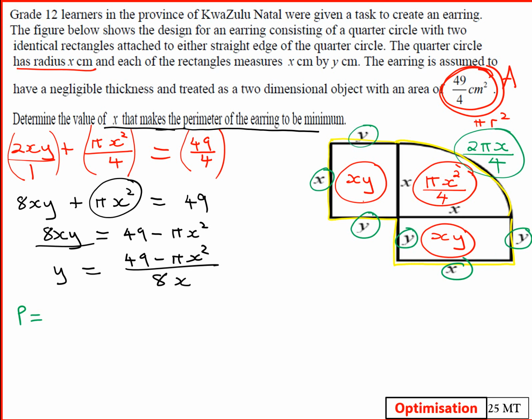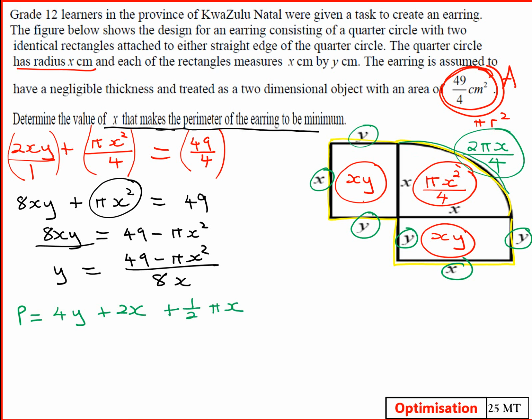If we count, we got 1, 2, 3, 4 y's and 2 x's. So you've got 4y plus 2x, and we also have the circular part, which is 2 pi x all over 4. Now 2 divided by 4 is half pi x.